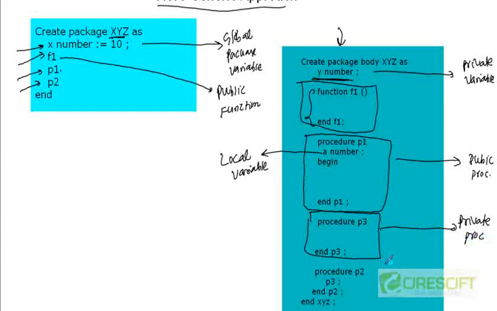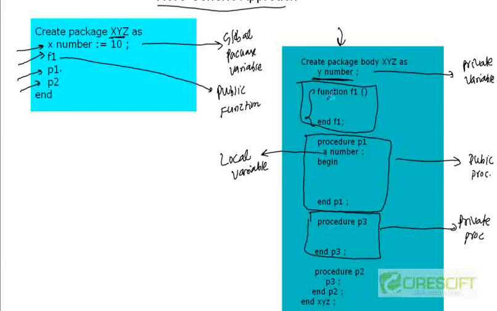That means I can only call p3 from other procedures like p1 or functions like f1. Procedure p3 is only accessible inside the scope of this body xyz. You cannot call procedure p3 outside this body.